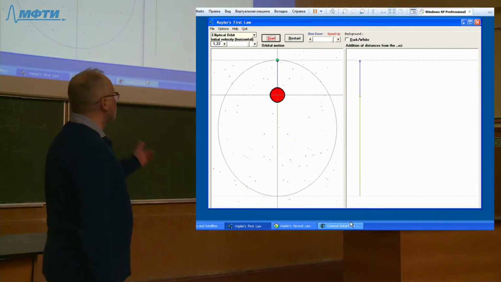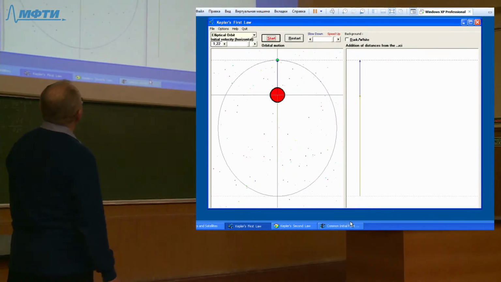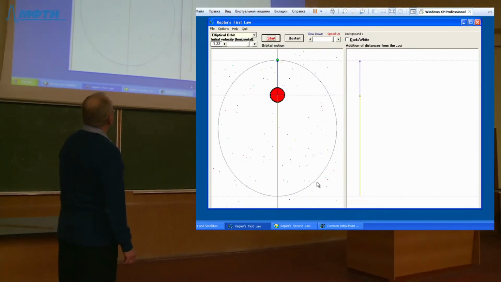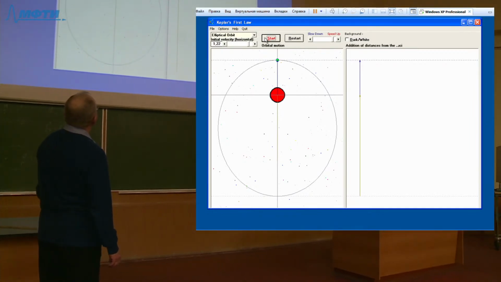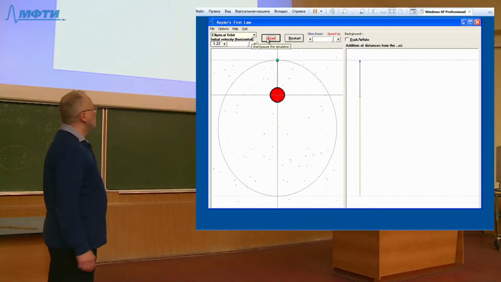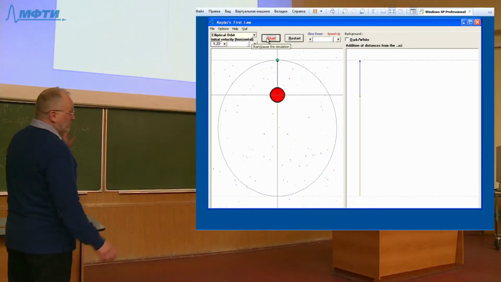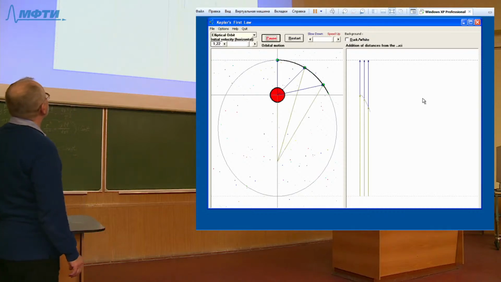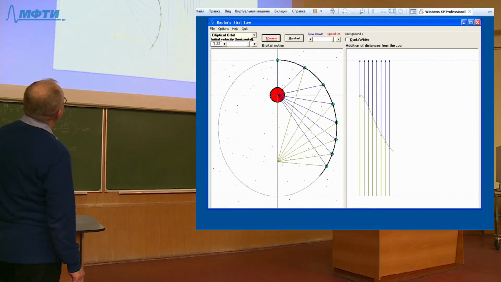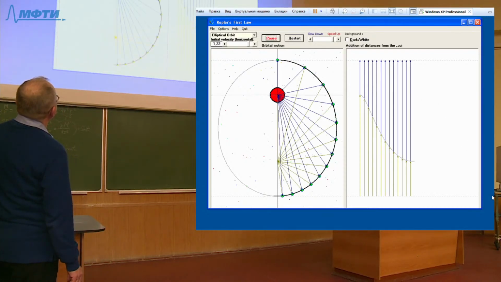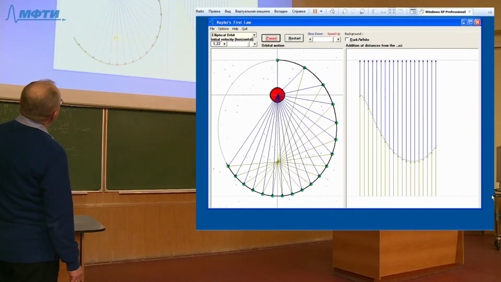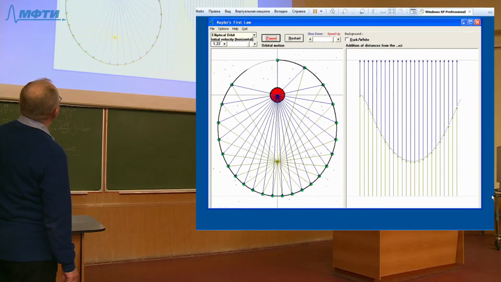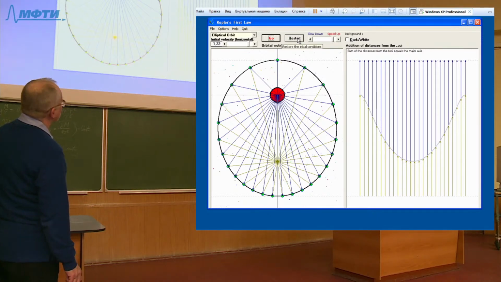So that's a computer screen, and the calculation of the planet's motion will be visible here, the result of calculation according to Kepler's laws. If we start, you see the planet moving about the sun along the elliptical orbit, and the velocity of the planet is not the same.